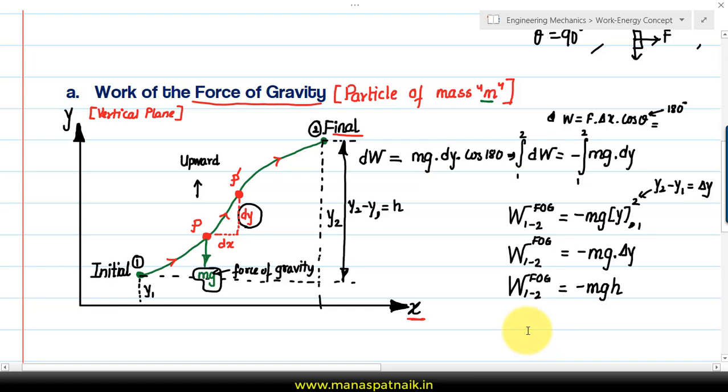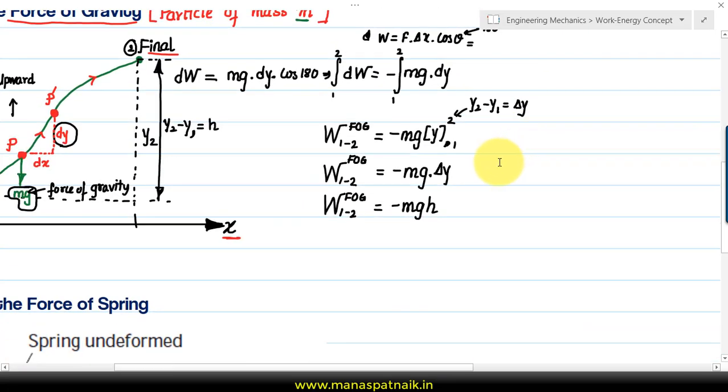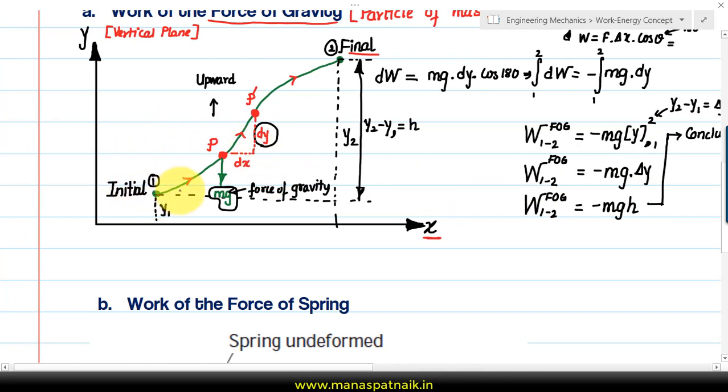Let me zoom out slightly. So here it is, like this. This is basically the conclusion which we can derive. We are actually carrying this particle from bottom to top, and the work done by the force of gravity worked out with the negative sign.